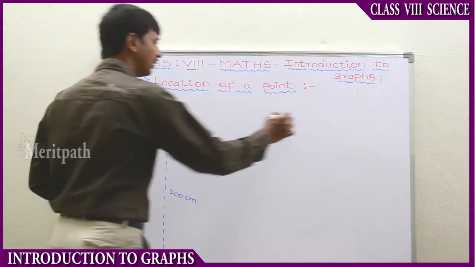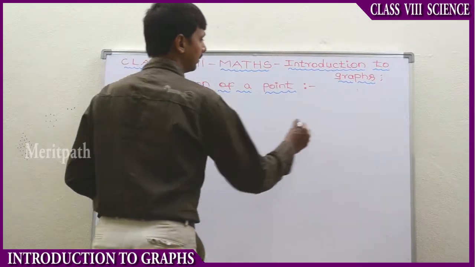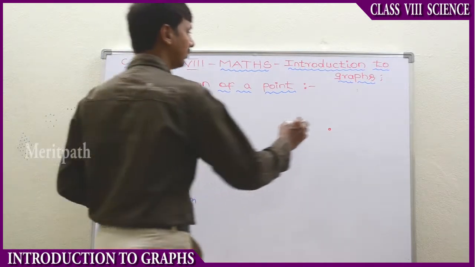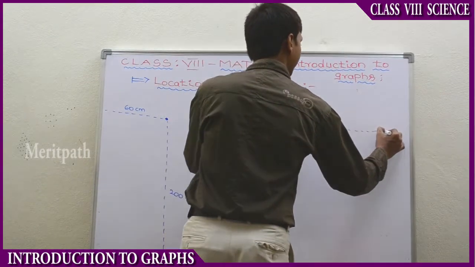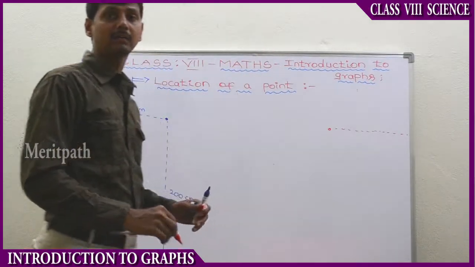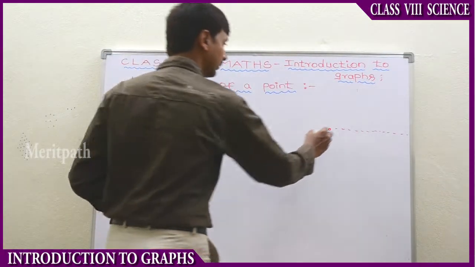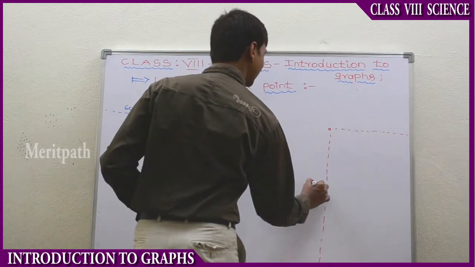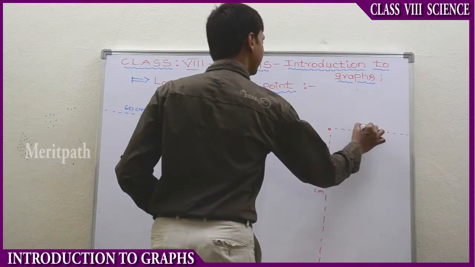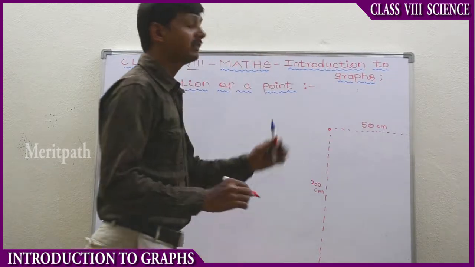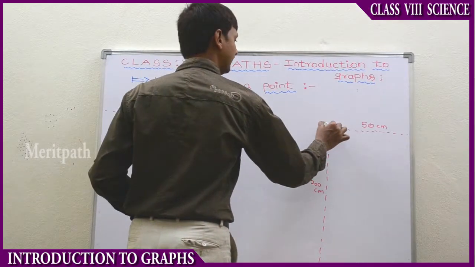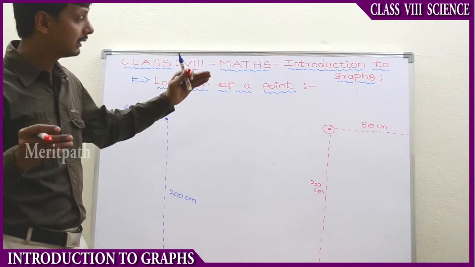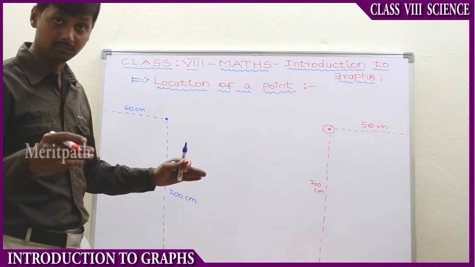If you take a point on the right hand side, then we consider the right corner and the bottom. The point is 50 centimeters from the right corner and 200 centimeters from the bottom.